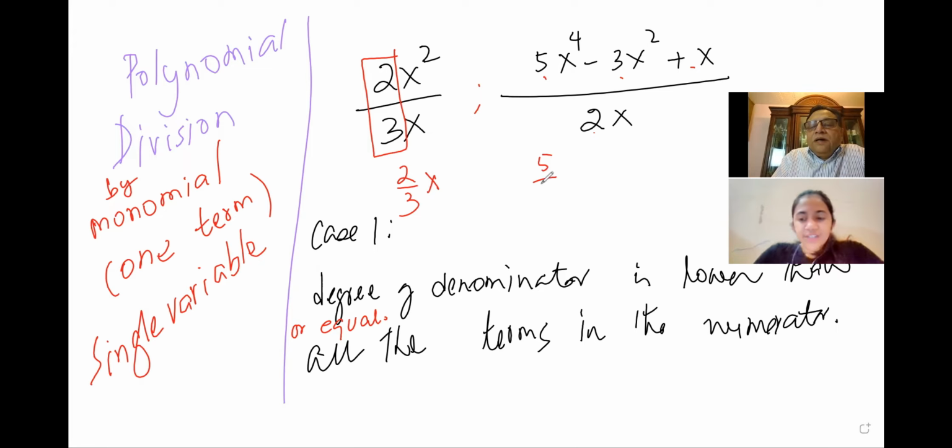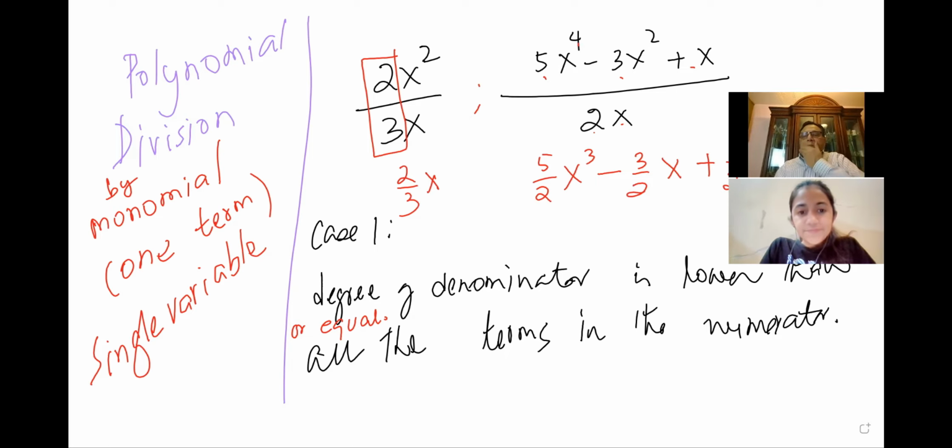So we have 5 by 2 and x to the power of 4 divided by x will give me x cubed, minus 3 by 2 x, plus 1 by 2. Do you see that? That is what we are going to get. Now, whatever you get here are quotients. Here, remainder is 0.